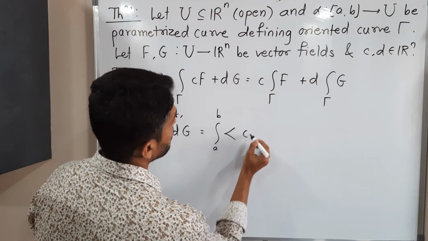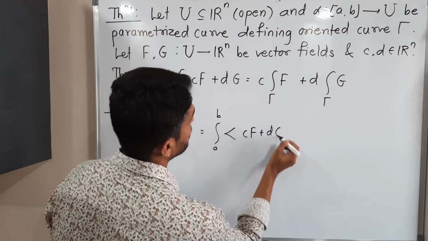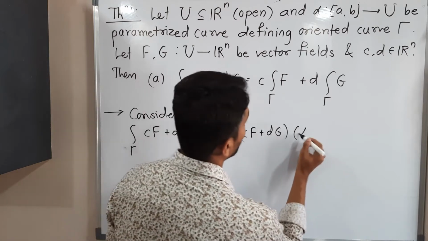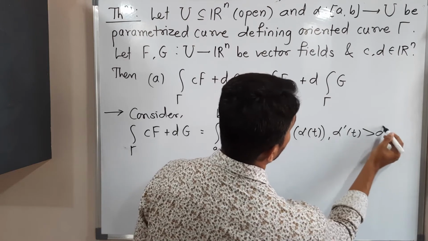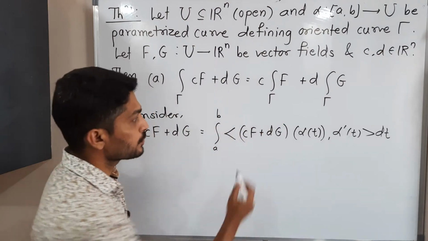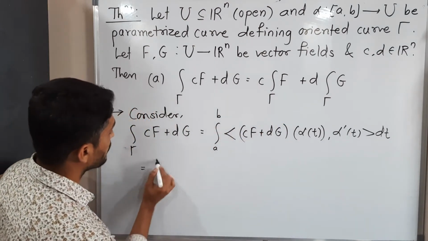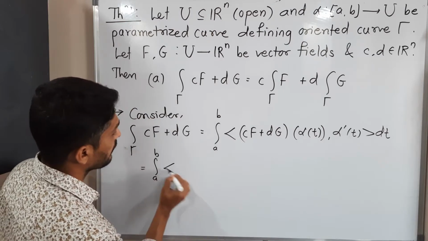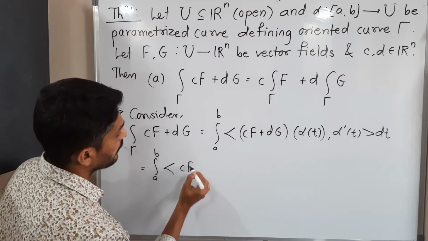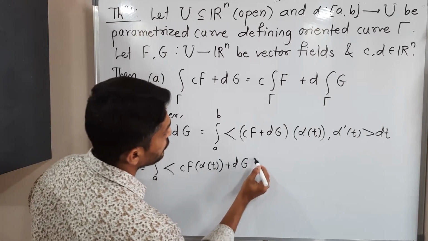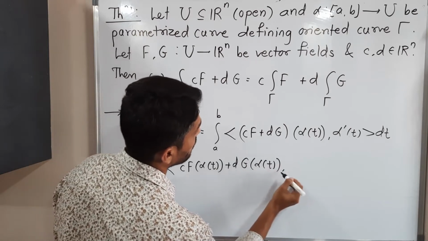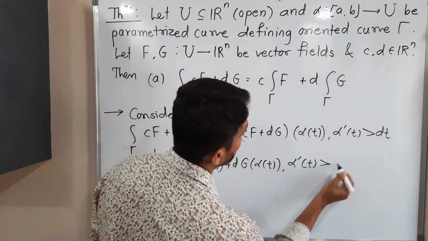Inner product of cF plus dG, which is operating on alpha of t, alpha dash of t, dt. So cF and dG will operate on that. So integral a to b, inner product of c F of alpha of t plus d G of alpha of t, alpha dash of t dt.